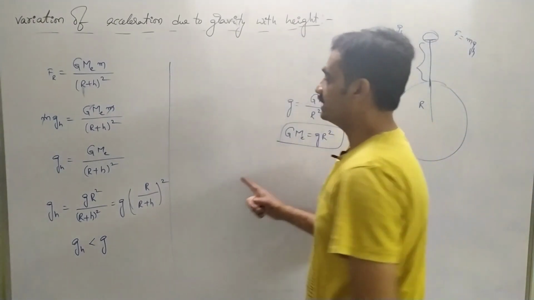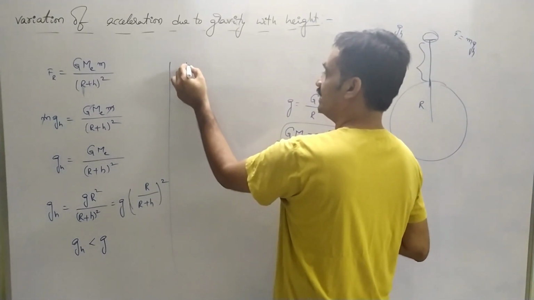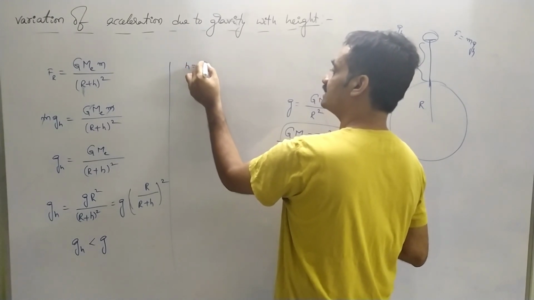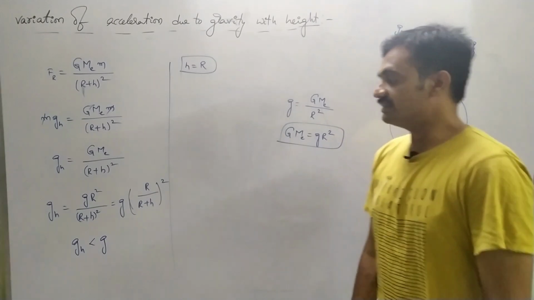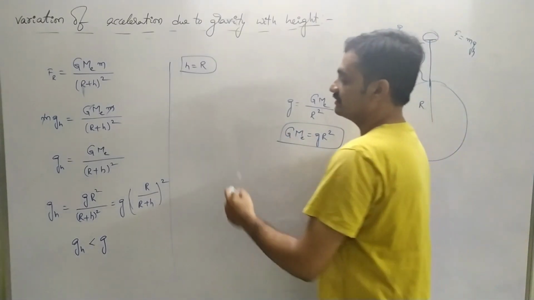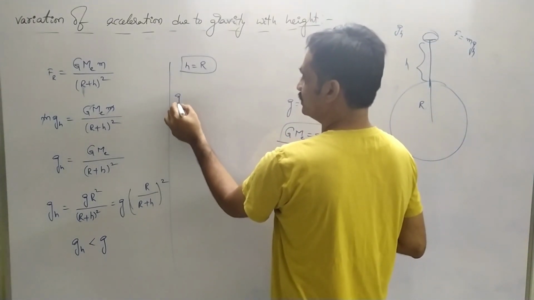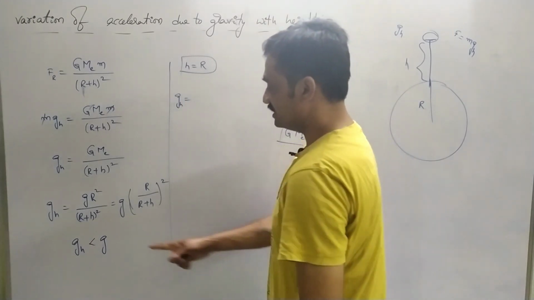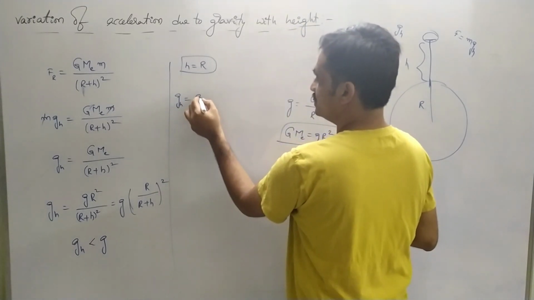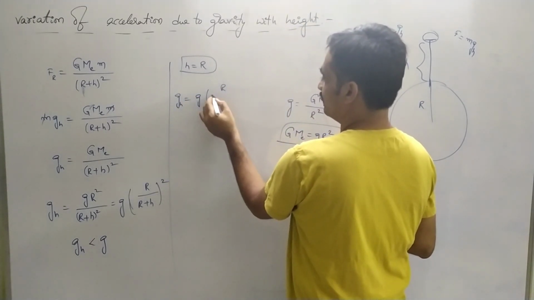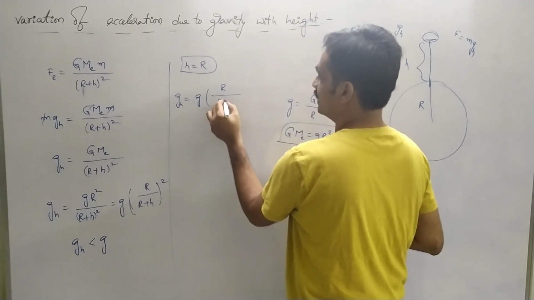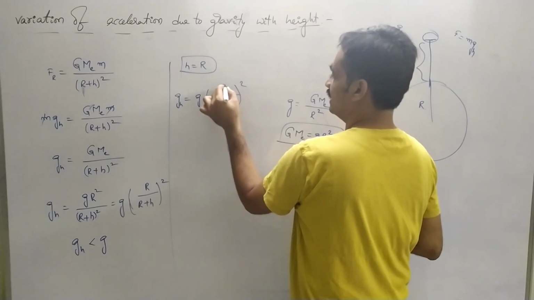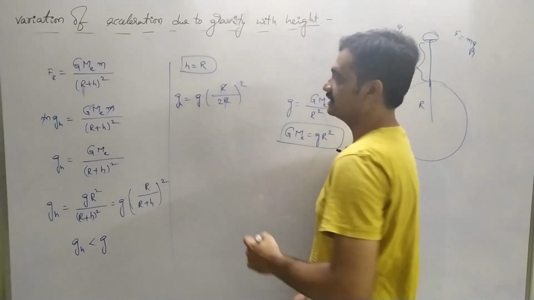Now we consider that the height of the body is equal to the radius of the earth. If the height of the body is equal to the radius of the earth, then acceleration due to gravity is given as g_h = g into [r by (r + r)] squared, nothing but 2r whole squared. Observe that r gets cancelled.